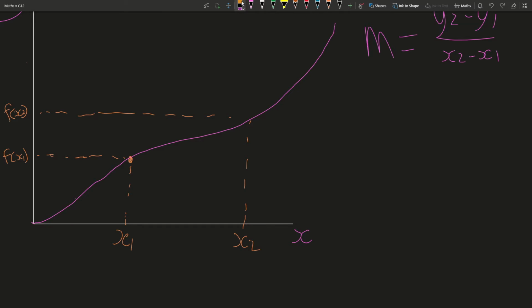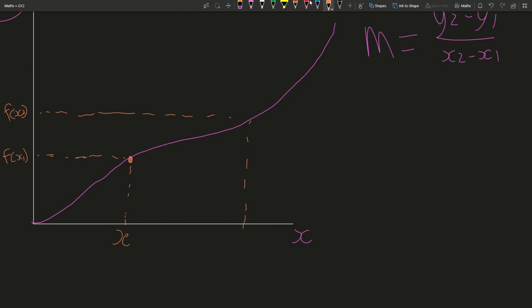So now, another minor change we're making to how we're writing this is we're going to figure out what is x2 in terms of x1. So we're just going to call this x1 just x now. And then we're going to say, okay, what is this point?